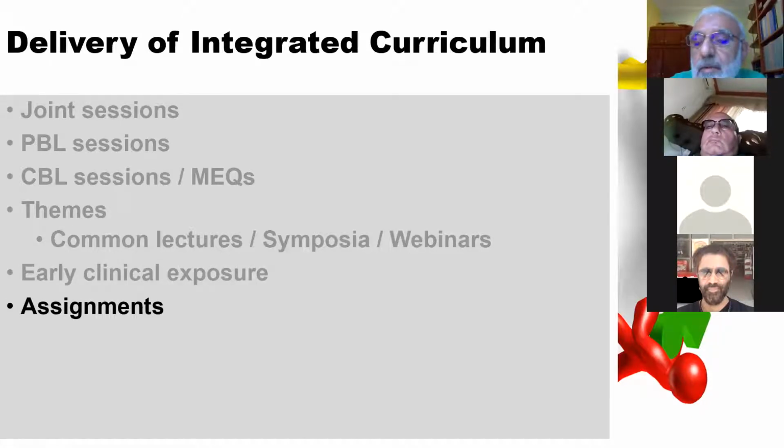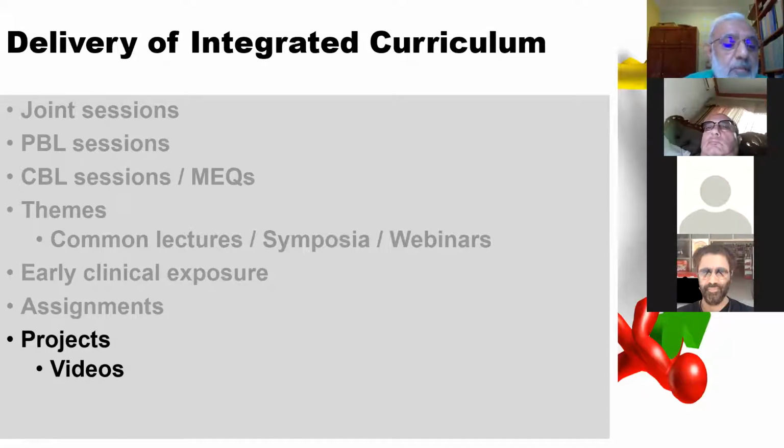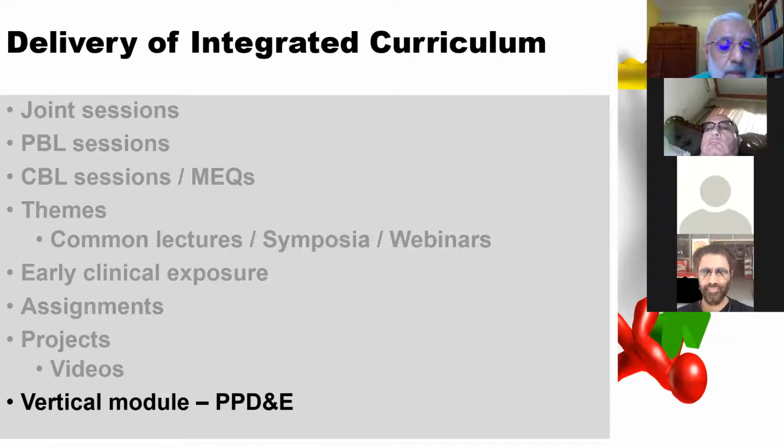Assignments can be used to integrate multiple disciplines or subjects, and projects or videos can be used also to implement integrated curriculum. And the vertical modules like personal professional development and ethics can also be used to integrate the curriculum.